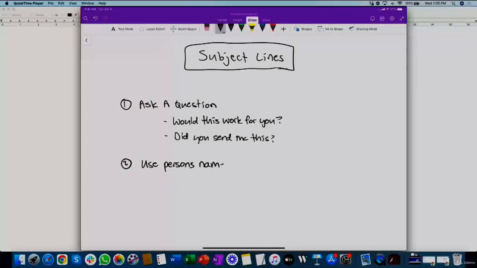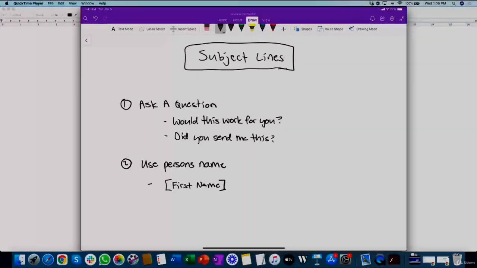name. Now, this is only possible if when you generate your list, you ask someone for their name. A lot of times when you opt into an email list, you can just opt in with your email address, but then a lot of times they will ask you for your name. And usually what you can do is a little bit of code that looks kind of like this.